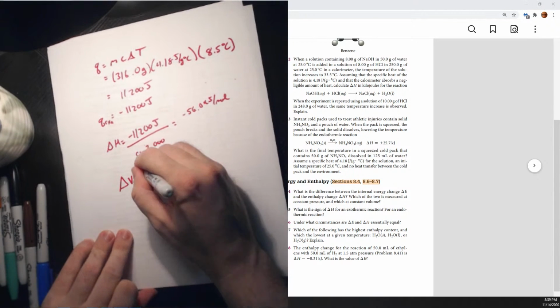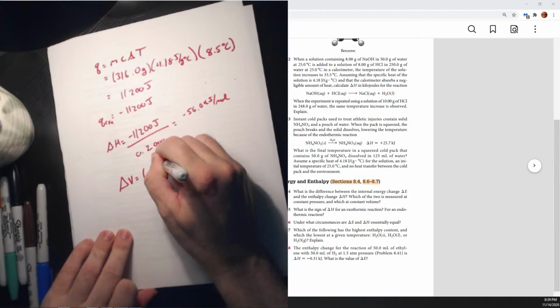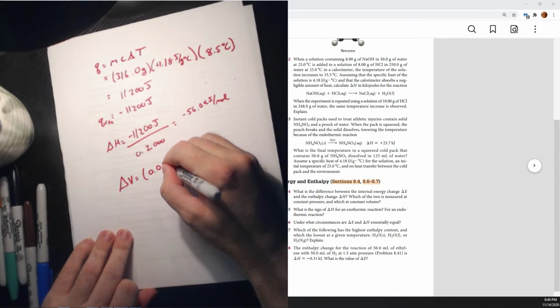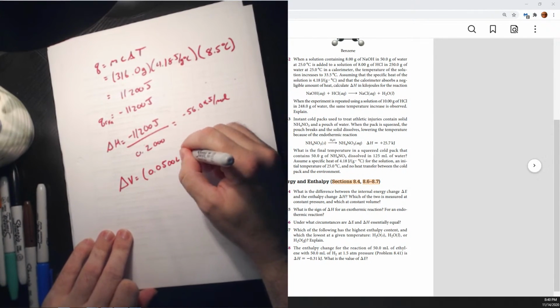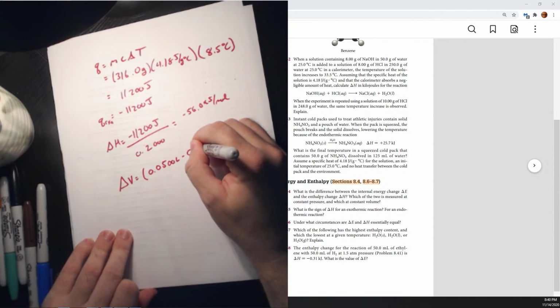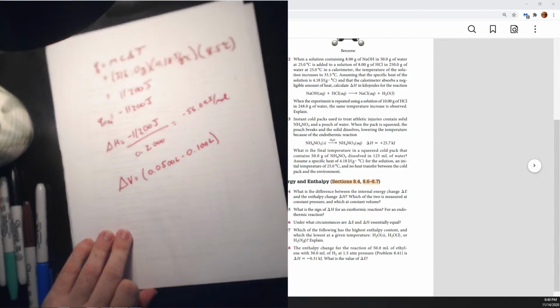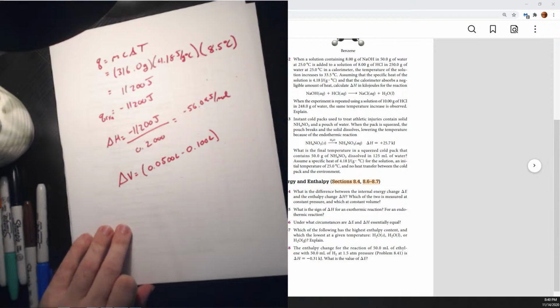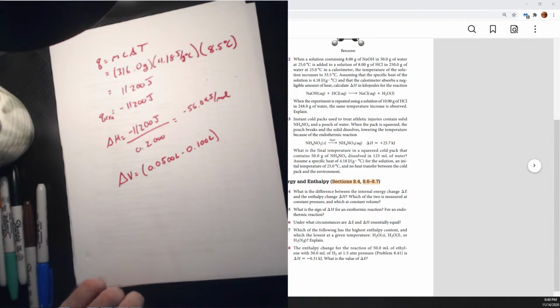So delta V is going to be 0.0500 liters minus 0.100 liters, essentially. I would not have asked this question in this chapter because it's kind of weird.